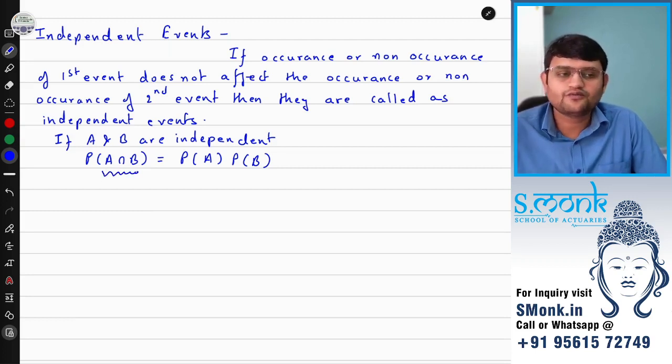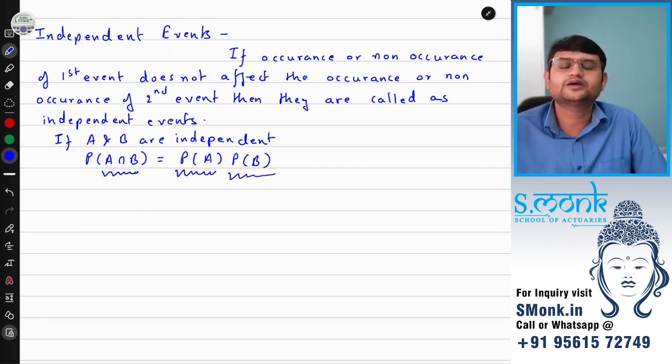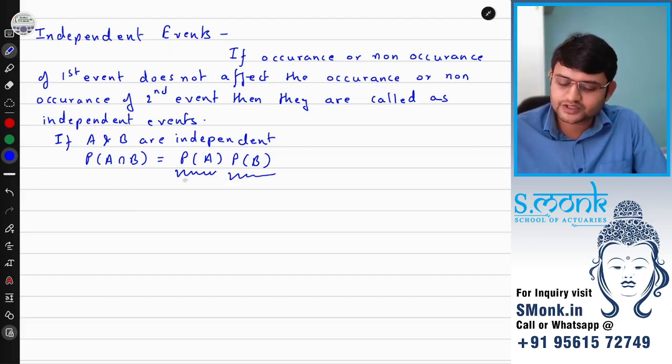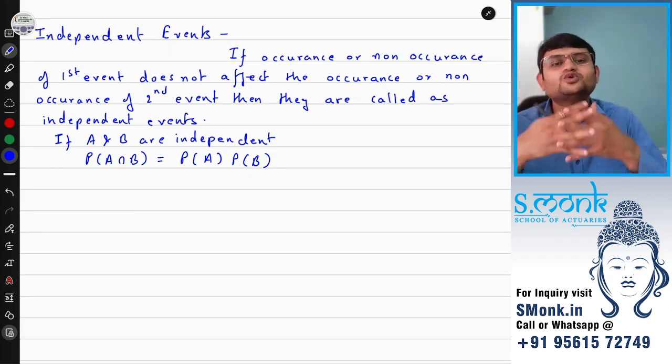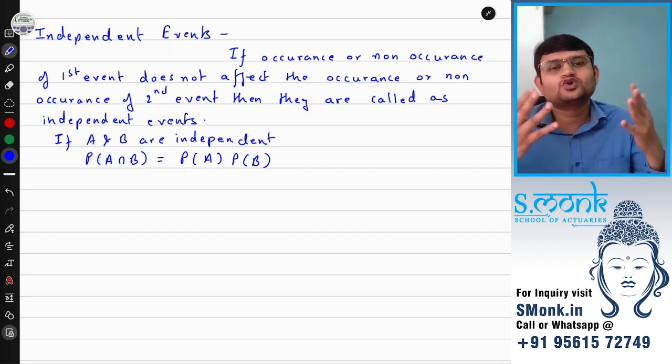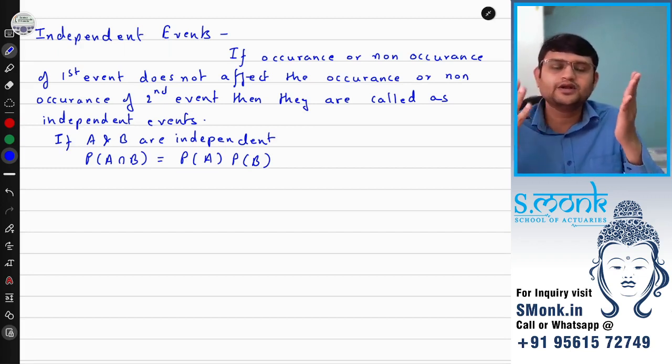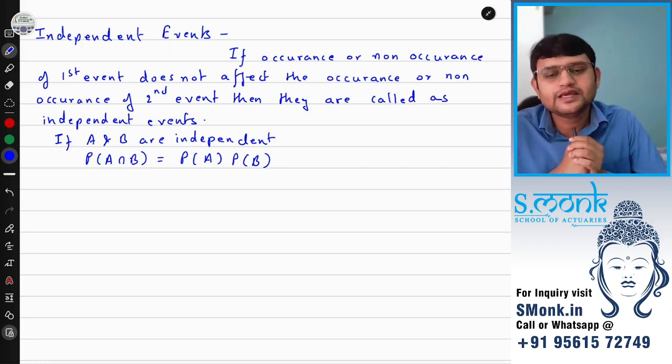The probability of both occurring together is the same as A occurring and B occurring individually, because they are independent of each other and not affecting each other. That is why them happening together is just a coincidence. It is the same as the probability that A happened times the probability that B happened.